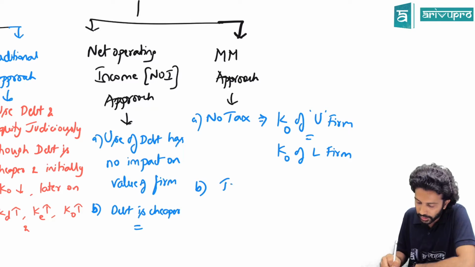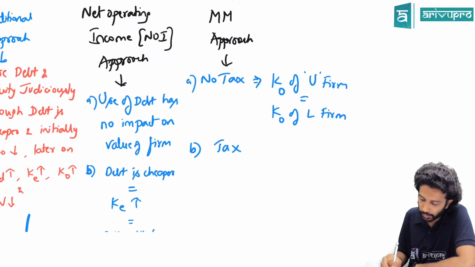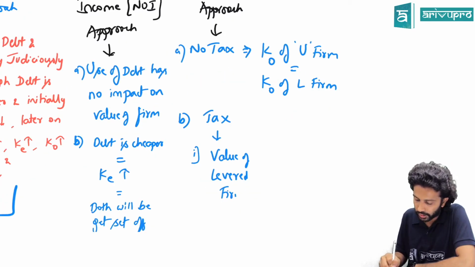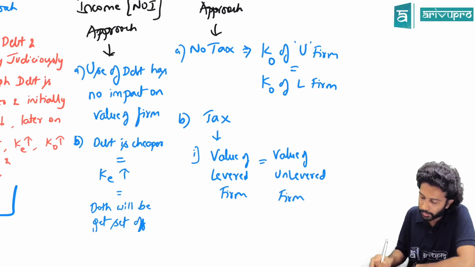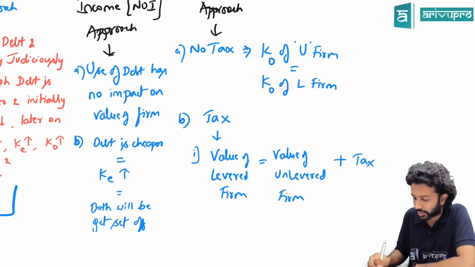If at all there is a tax, then what will happen? Value of the levered firm, the firm that has debt, will be equal to value of the unlevered firm plus tax advantage.